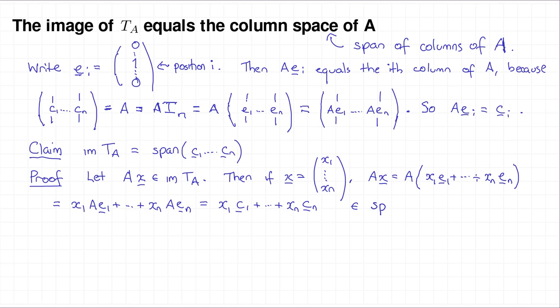So it's an element of the span of c1 up to cn. We have proved that every element of the image is also an element of the span of the columns. Now we have to prove that every element of the span of the columns is an element of the image. But we can do that in exactly the same method, just reading these equalities backwards.